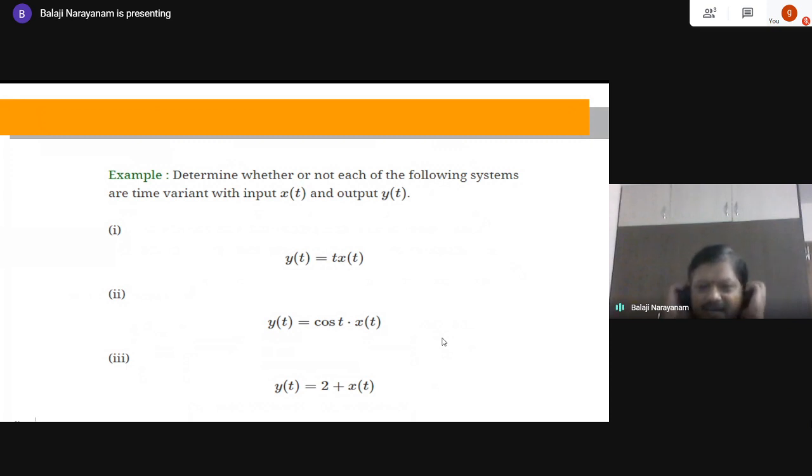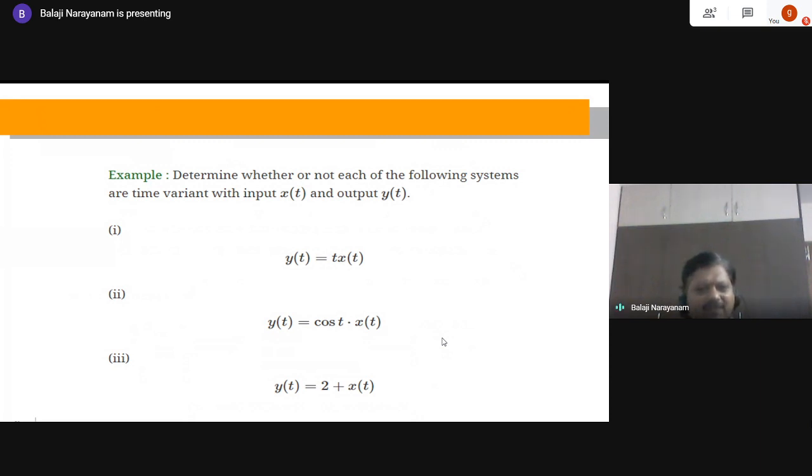The second one is y of t is equal to cos t times x of t. And the third system equation is y of t is equal to 2 plus x of t. Now you need to find whether they are time variant or time invariant.